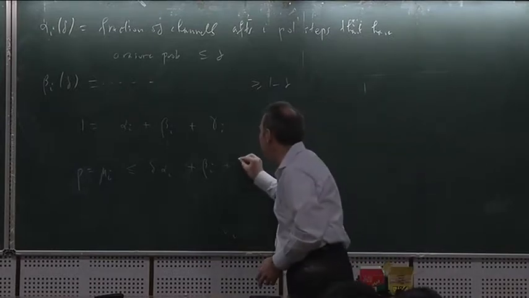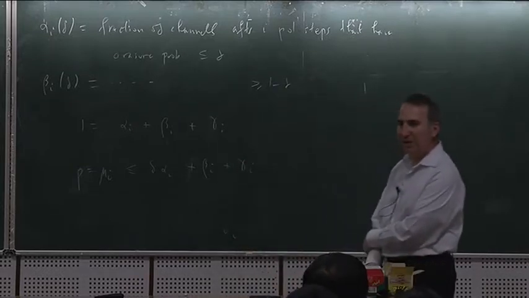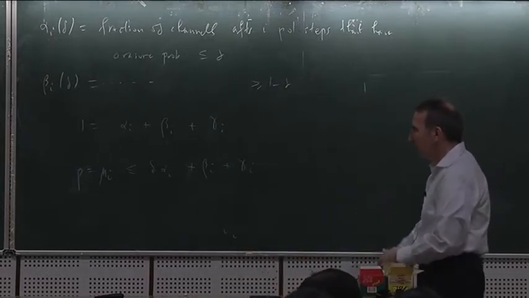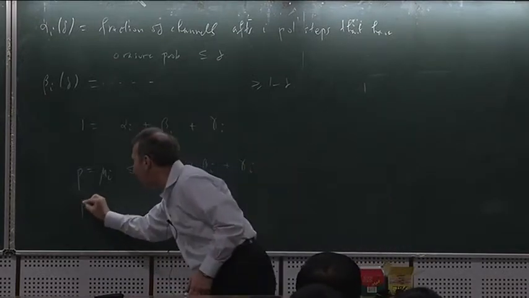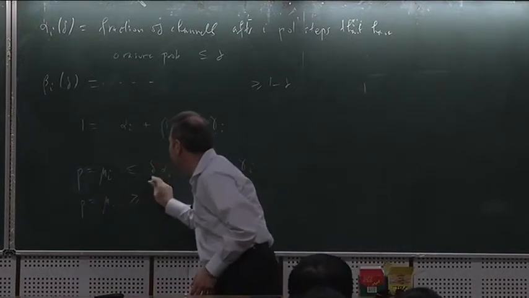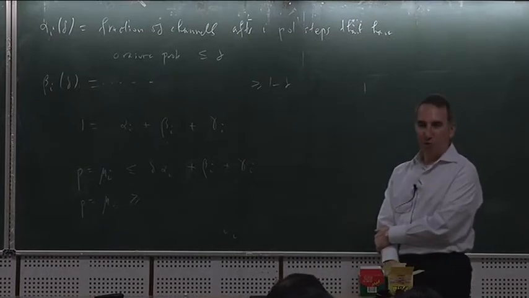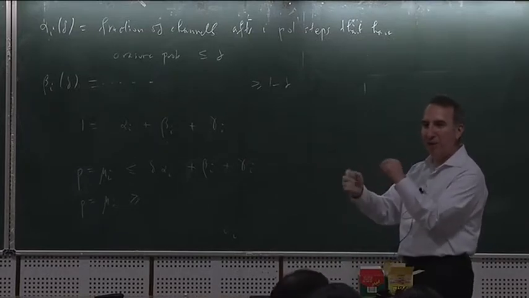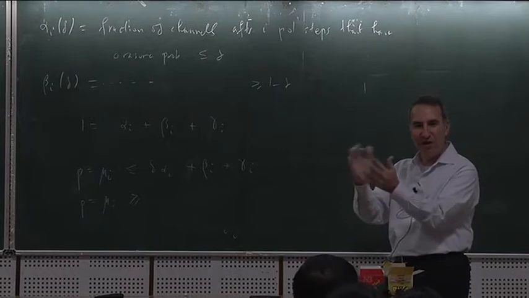Let me upper bound this by gamma I also. At the same time, these alpha channels contribute at least 0 to this, because everything in alpha has erasure probability between 0 and delta.